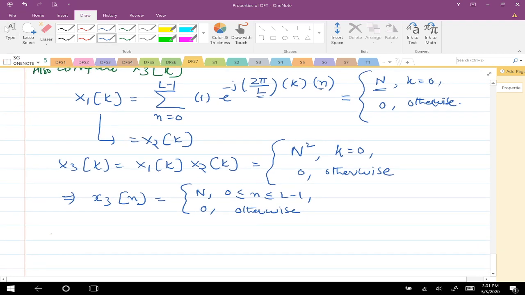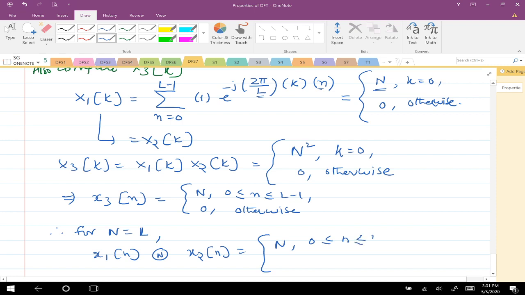Therefore, if you are taking the N-point DFT and N is equal to the length of each signal, then the N-point circular convolution of x1 of n with x2 of n would give you N for 0 less than or equal to n, and 0 otherwise.